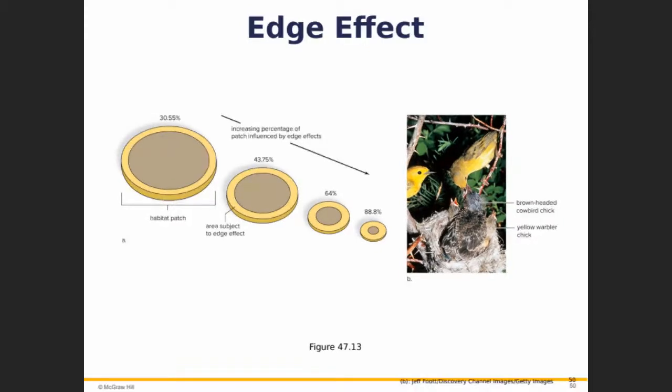Adult cowbirds prefer to feed in open agricultural areas and only bravely enter the forest when searching for a host nest to lay their eggs. So the cowbirds benefit from this, but the songbirds are not benefiting from the edge effect.